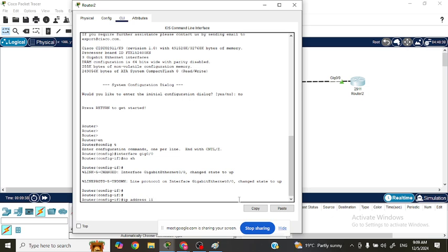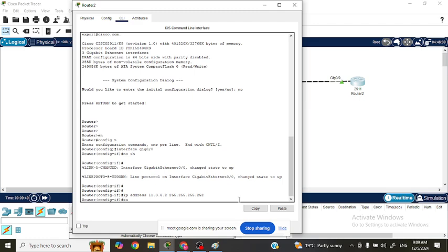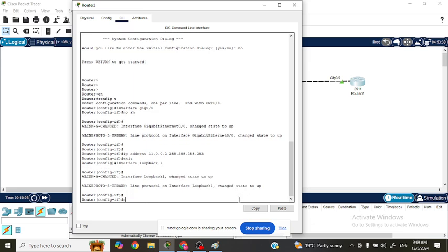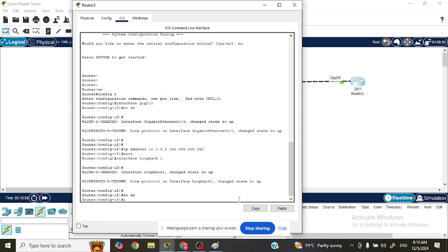What is the IP address here, Lakshman? Write it. Subhajit, are you there? What should be the loopback ID? Loopback 1 I am configuring as 3.3.3.1, IP address.